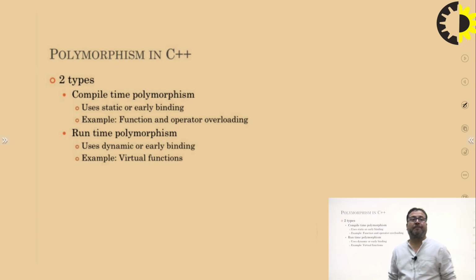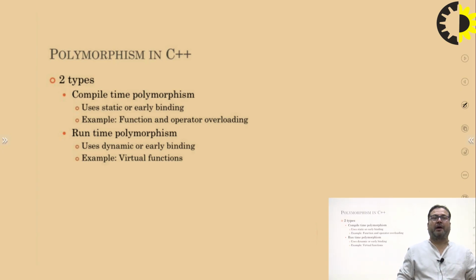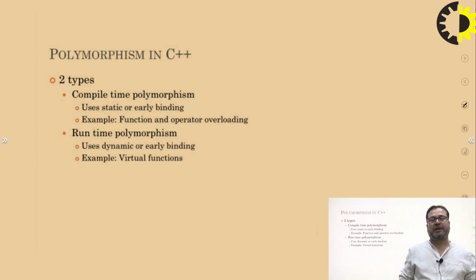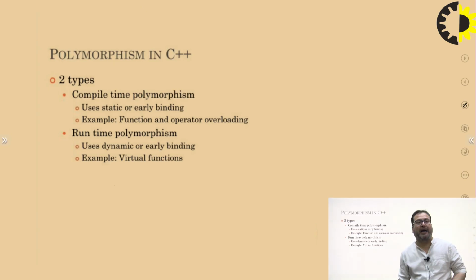Function overloading means one function name performing many kinds of tasks. The function name is the same, but the signatures differ and the code is different. We will see this here. Runtime polymorphism is achieved by the virtual function, and this is also called dynamic binding.